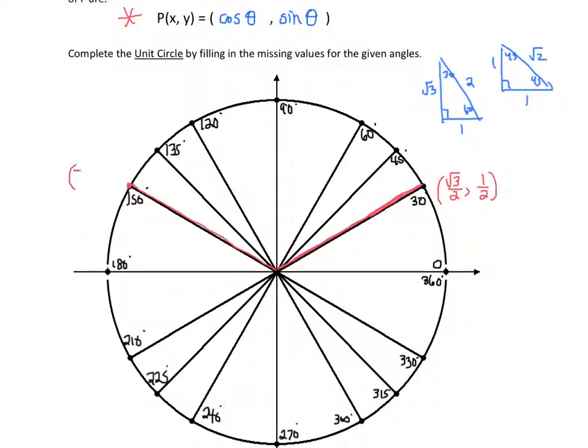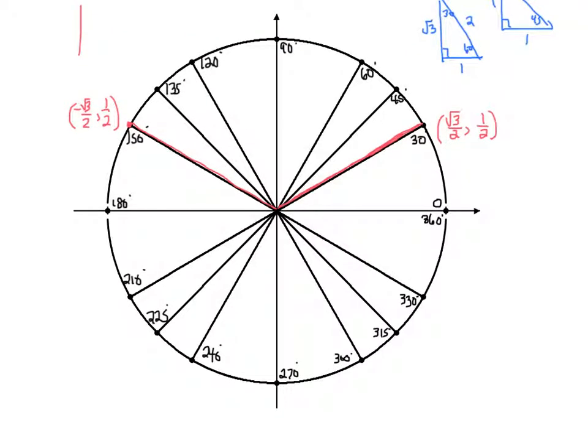So our point will be negative root 3 over 2, 1 over 2. And of course that makes sense because in quadrant 2, x is going to be negative and y will be positive.